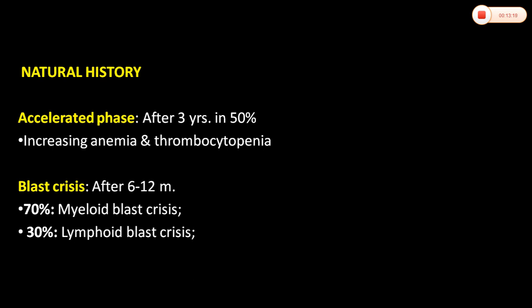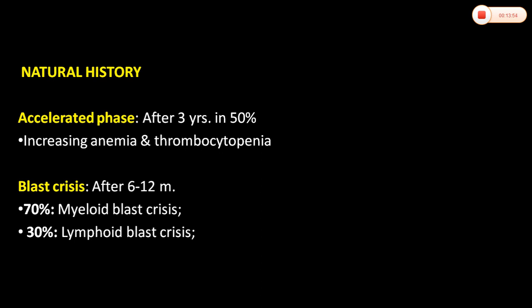Remember, the molecular abnormality is in the pluripotent hematopoietic stem cell, which has the potential to develop into lymphoid as well as myeloid precursor cells, isn't it? So in 70% of the cases of blast crisis you see myeloid blasts, but in the rare 30% of cases you can even find lymphoblasts.